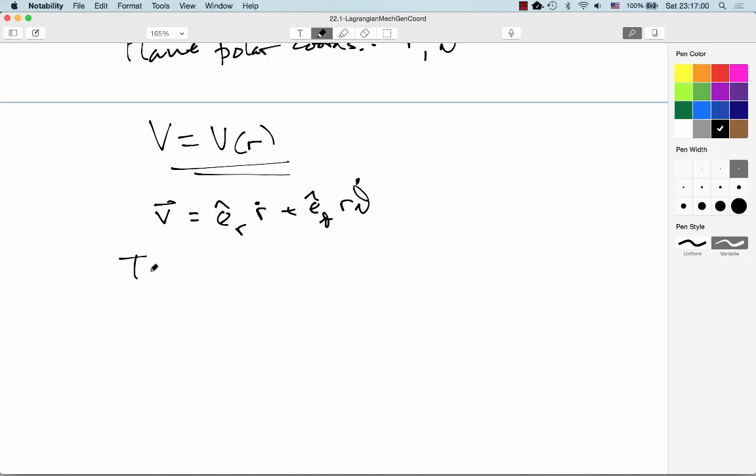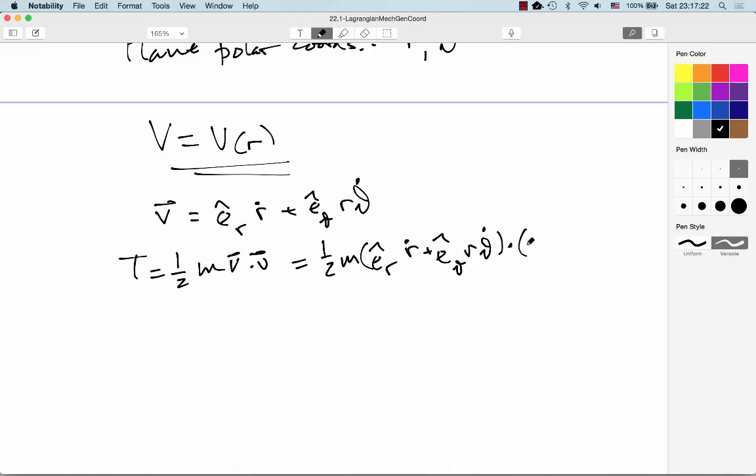So then T is 1/2 m v dot v, so it'll be 1/2 m (e_r r dot plus e theta r theta dot) dotted with itself.